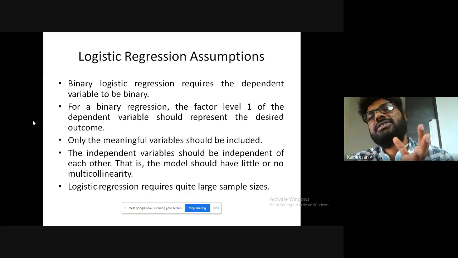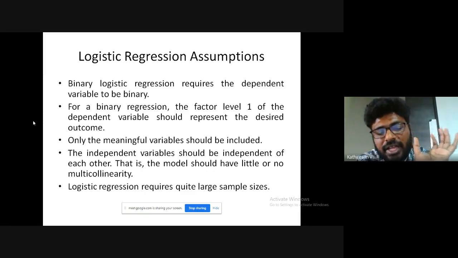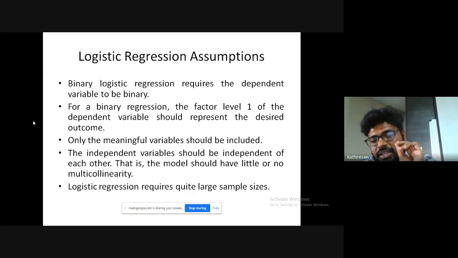Having insurance is represented as 1, not having insurance is represented as 0, and we demonstrated that. So binary logistic regression requires the dependent variable to be binary.